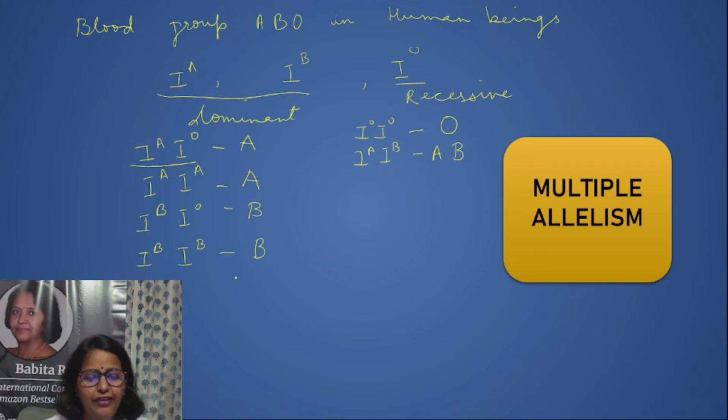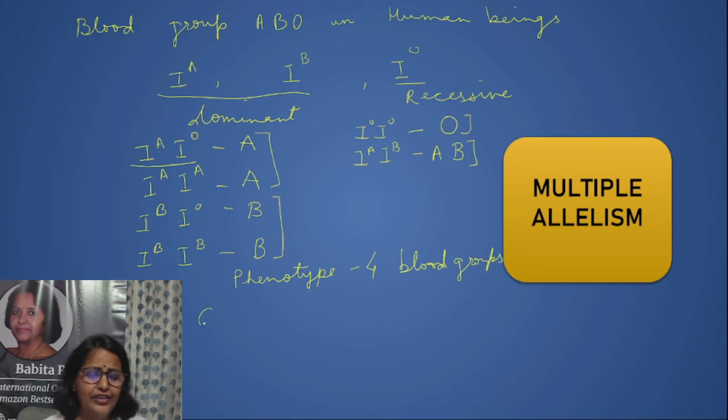If we look at phenotype, that means what are the different types of blood group present in human beings, how many blood groups do we have? 1, 2, 3 and 4. So, we have 4 blood groups in human beings.